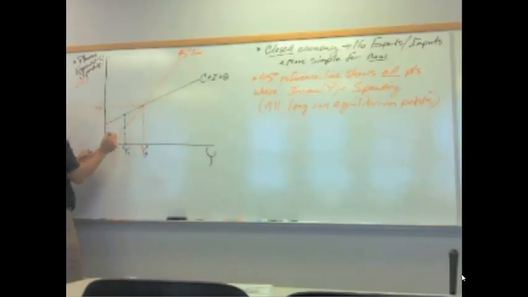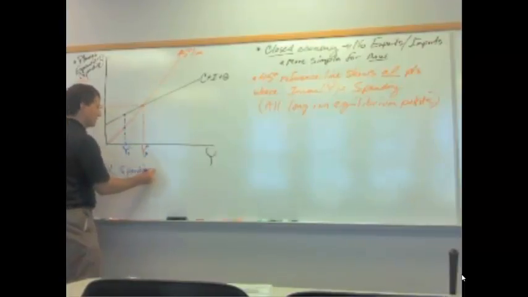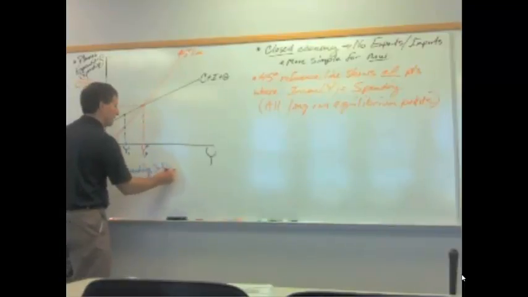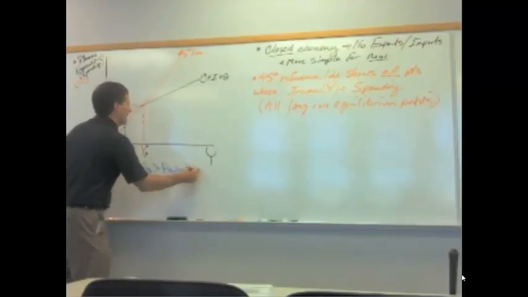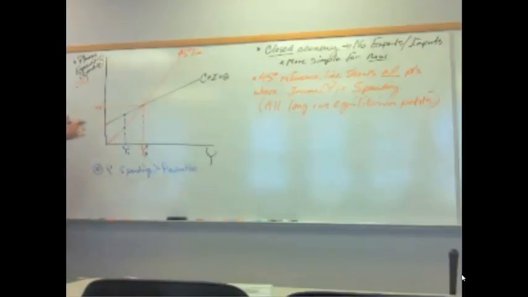So at Y1, spending on goods and services is greater than production. How can that be? Well, because we have inventories as a kind of buffer.